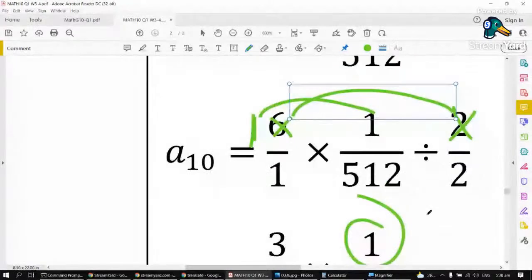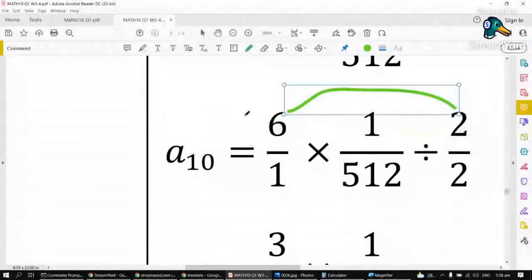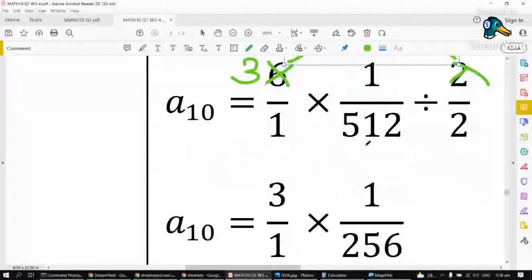Oops, may mali. 6 divided by 2 is 3. Okay, so magiging 3 to. Itong 6 divided by 2 is 3. 512 divided by 2 is 256. So, mawawala na itong 512 at saka 2. Magiging 256.